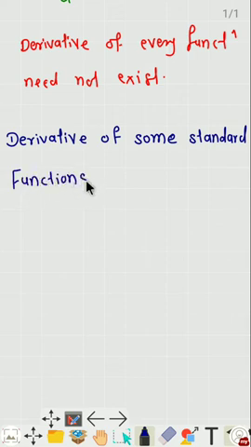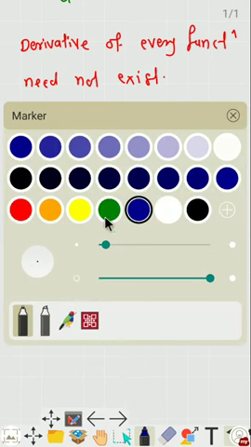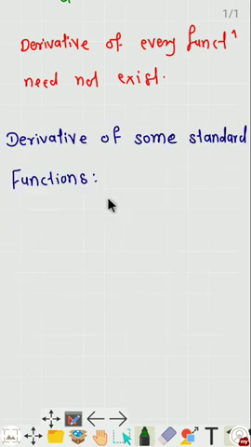So there are some standard functions and we write the derivatives of these functions, and if we know the derivatives of these standard functions, then we will be able to solve examples on derivatives. So let us take the first standard function.